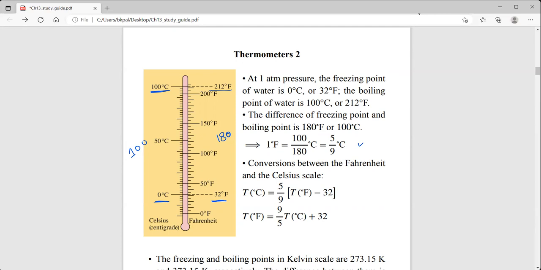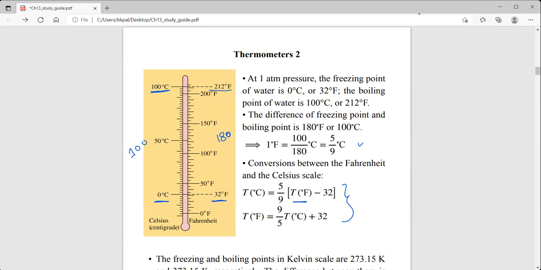Okay. Now, how do we convert if you know the temperature in degree Fahrenheit to degree Celsius? These are the two equations we normally use to convert the temperature from one scale to another. So for example, if you know the temperature in degree Fahrenheit, you plug the value here, and whatever you get on the right hand side is the temperature in degree Celsius.